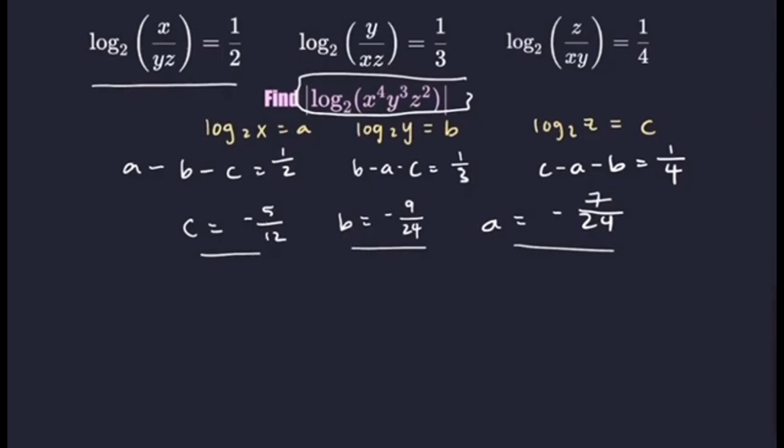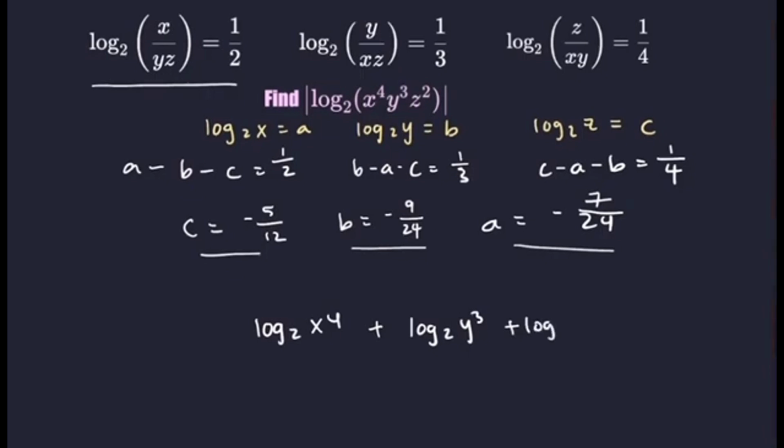Kind of like what we did earlier, let's expand out this logarithm. If we know our properties, this over here is just equivalent to log base 2 of x to the 4th plus log base 2 of y to the 3rd plus log base 2 of z squared, and of course the absolute value. Cannot forget that. Another property of logarithms is that when you have an exponent like this, you can just move it to the front.